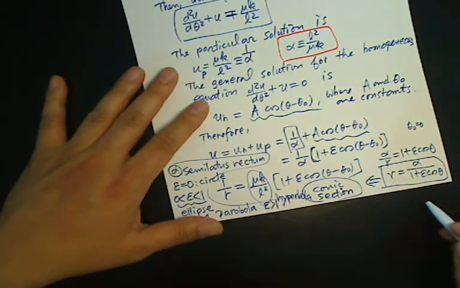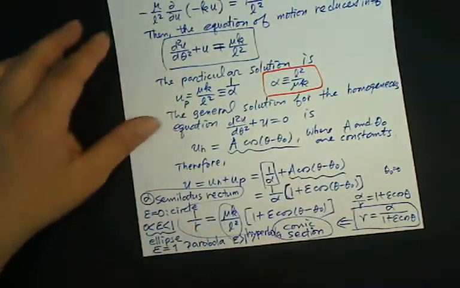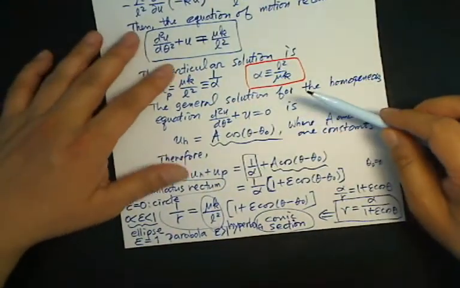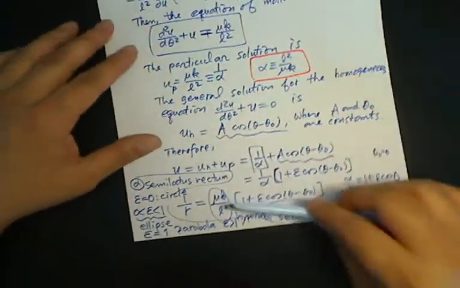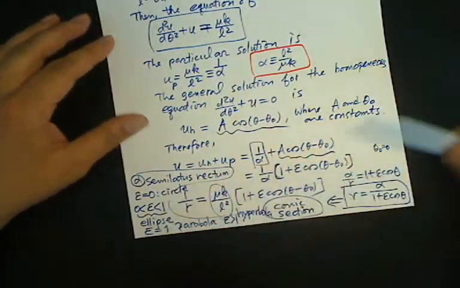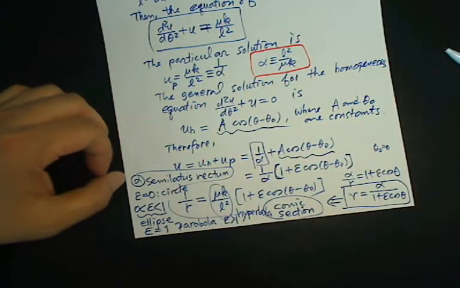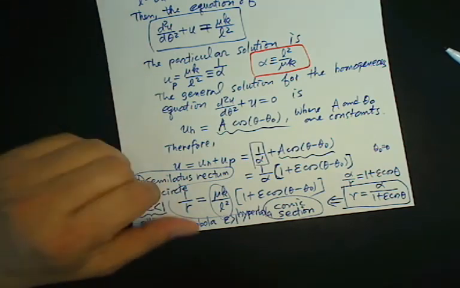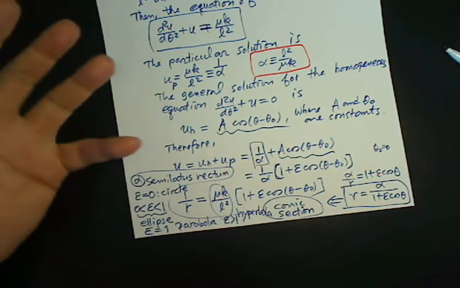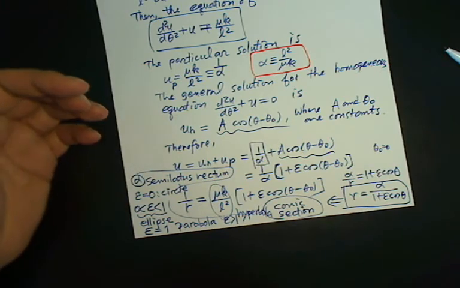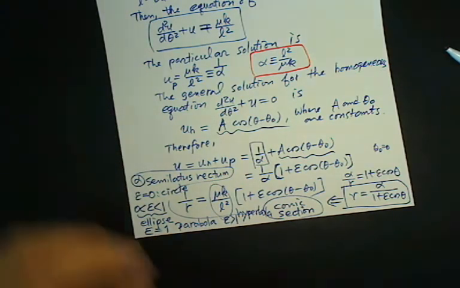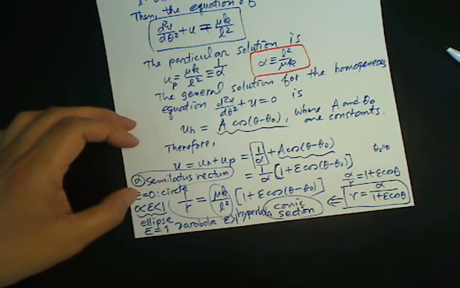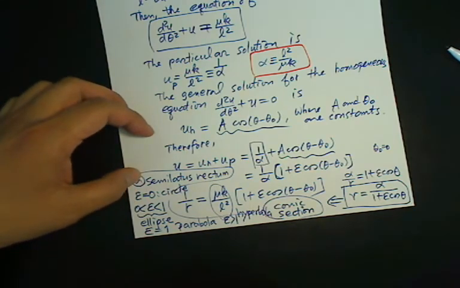All right. In the next class, we study all of these examples, how the geometric structures of the orbit are related to the physical variables. For example, epsilon is the eccentricity, and alpha is the semi-latus rectum.